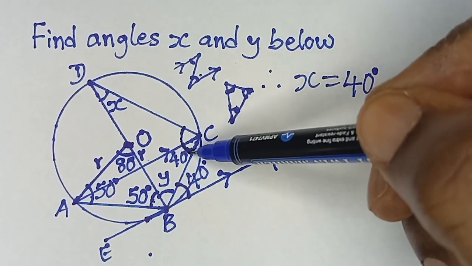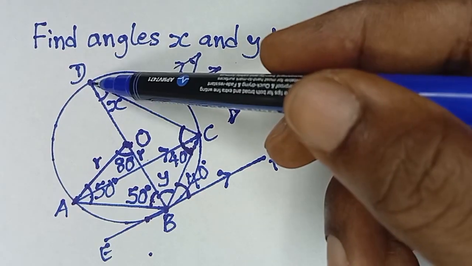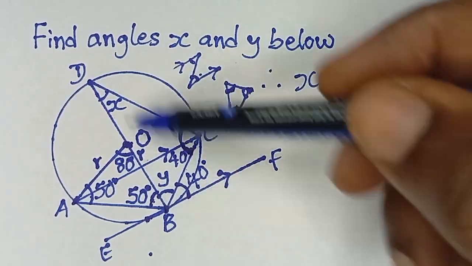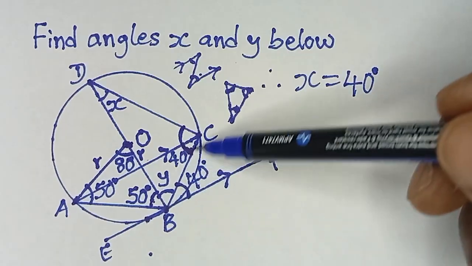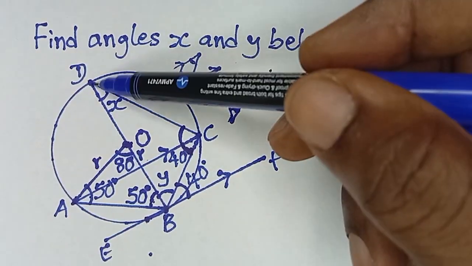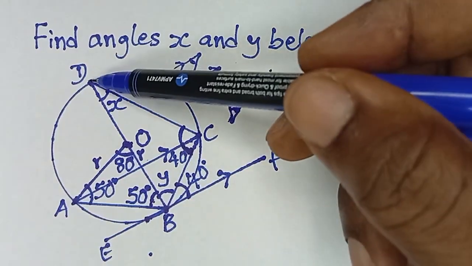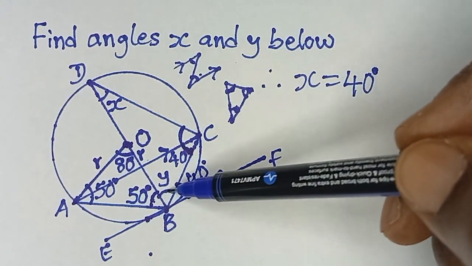You have to understand that rule, very, very important. This line has this opposite angle with respect to this triangle. Just like we say this line has this opposite angle, we also say this line DC has this opposite angle Y.